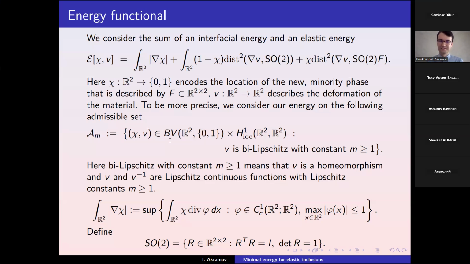Is it necessary to write that M is greater than 1? Every time you can say that M is greater than 1 or greater than 2. It's up to you.